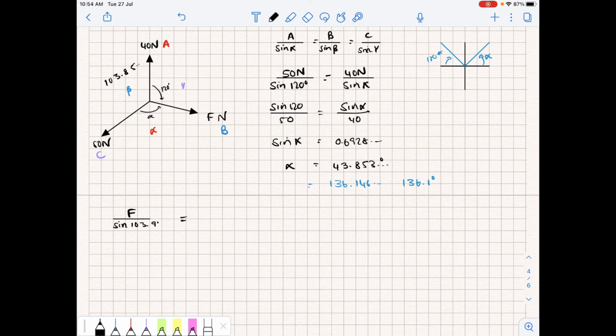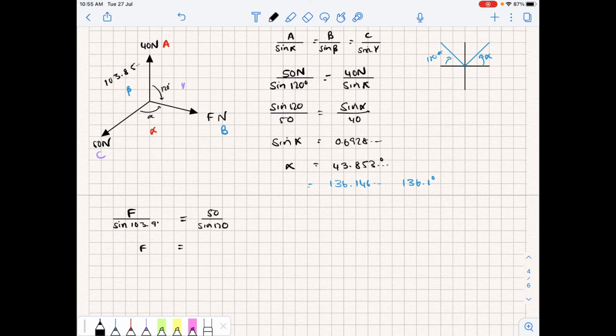Now I'm going to use the one where we know the exact value. That's 50 over sine 120, and we can just resolve the force by multiplying this sine over here and taking it to the other side.